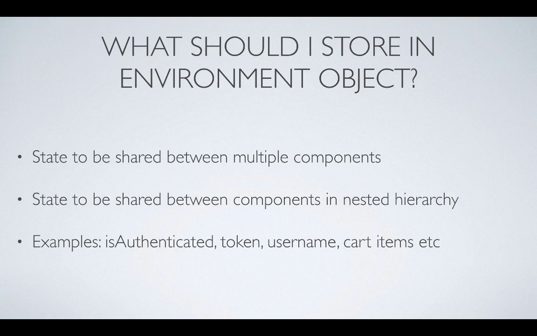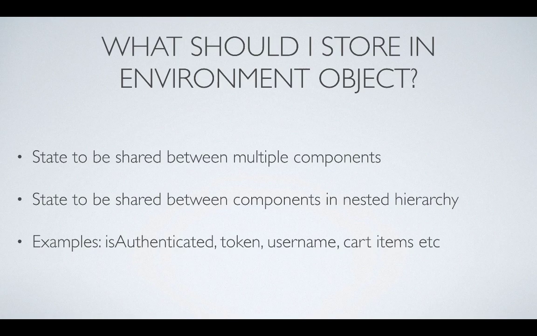You are not really using that particular data anywhere else in the application, so you shouldn't put that in the environment object. You should just pass it like a normal passing of the view. And I have many other videos which will show you how you can pass data from one view to the other.